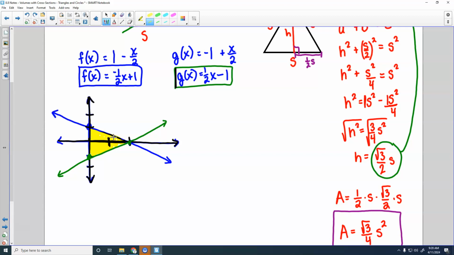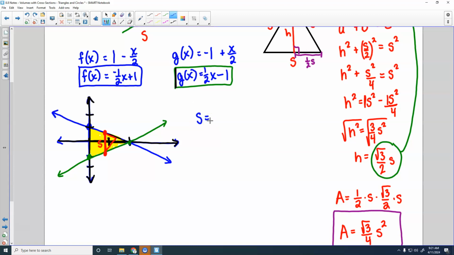And so I'm perpendicular to the x-axis for my cross sections, so I will be taking a slice like this. That would be like my S, and then from there I'm building the equilateral triangle off of that slice, right? So S for this is going to equal top minus bottom.